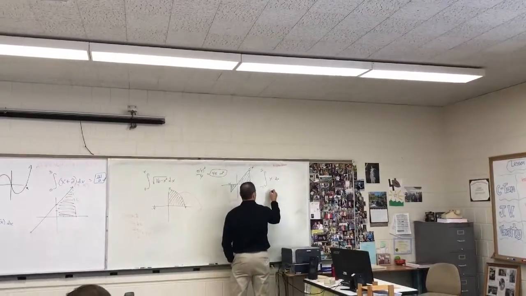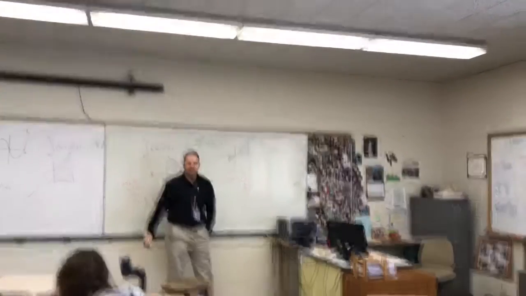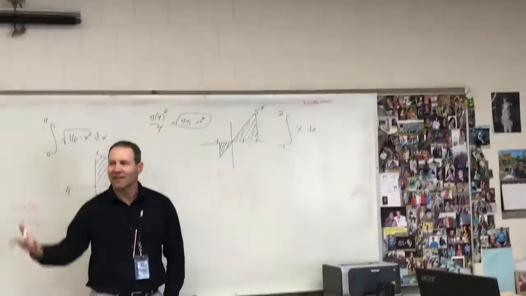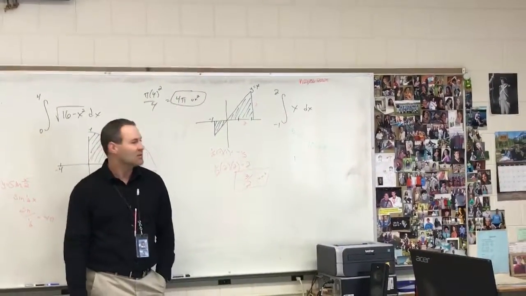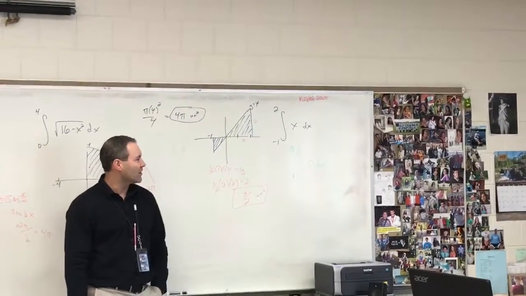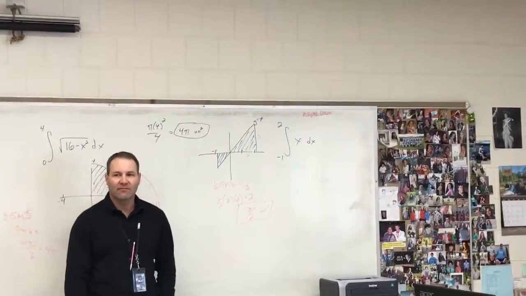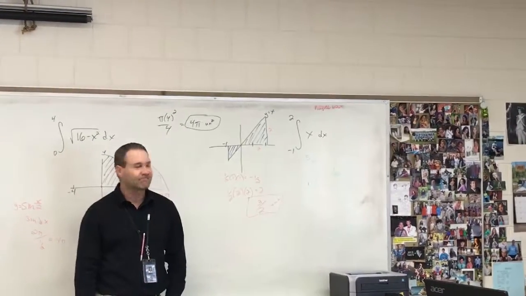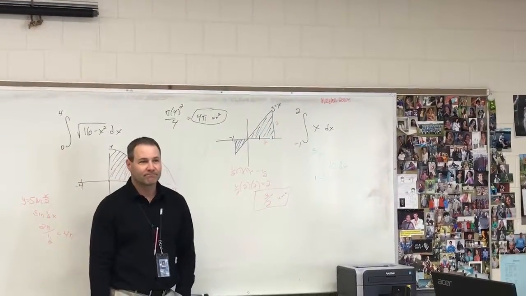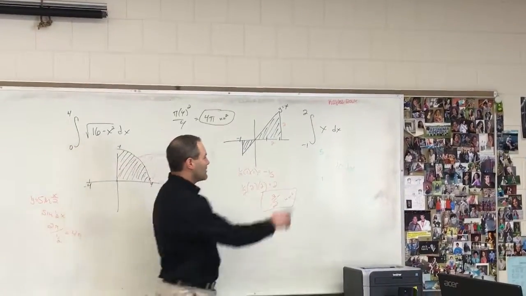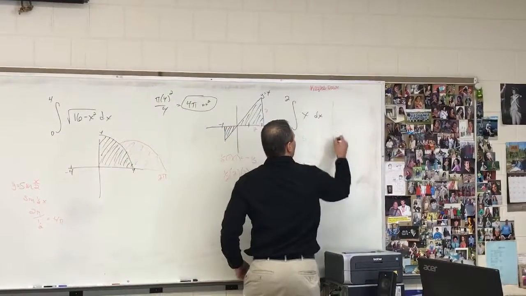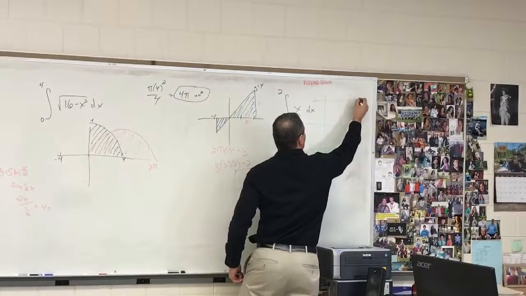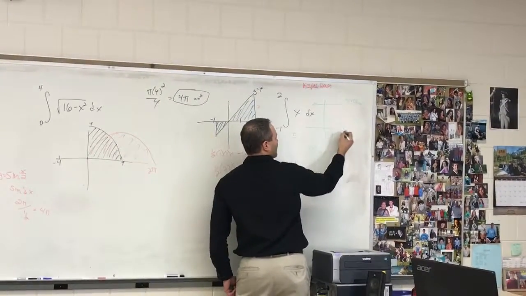This is not exploration 2, but I want you to know how to do this. I was looking at number 7, I think it's a constant. So, what is the integral of 10 from 1 to 5? 40. We're finding the area under the curve of y equals 10 from 1 to 5.